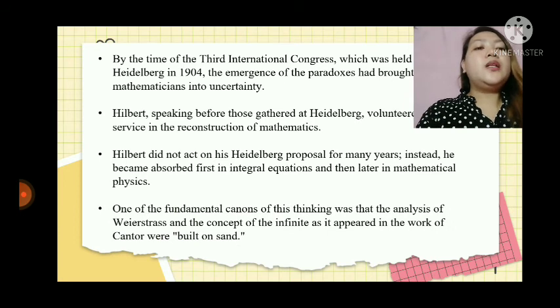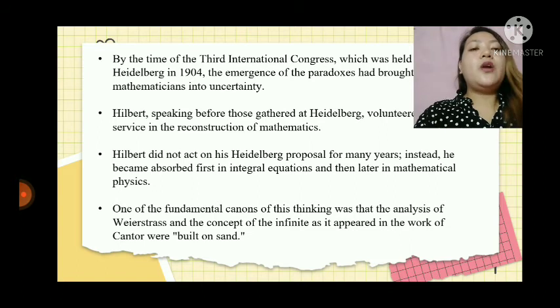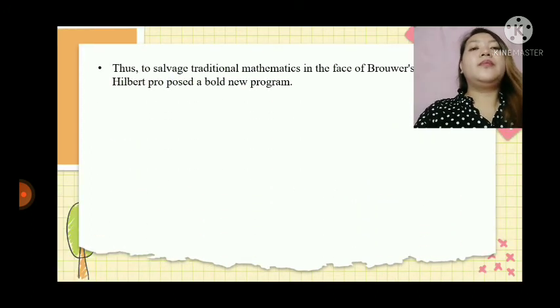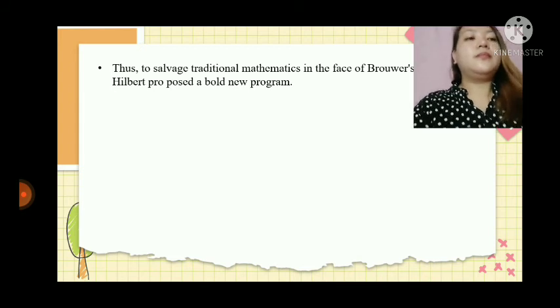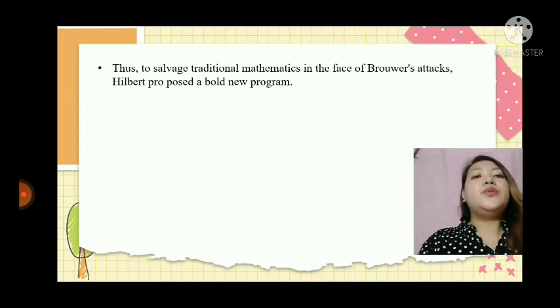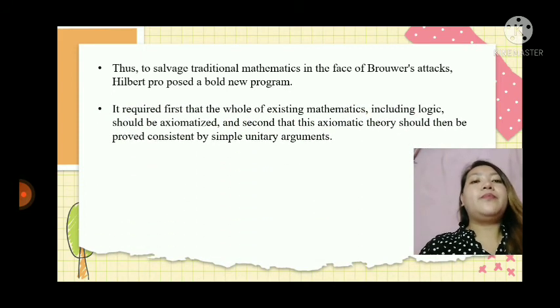One of the fundamental canons of his thinking was that the analysis of Weierstrass and the concept of infinity as it appeared in the work of Cantor were built on sand. Thus, to salvage traditional mathematics in the face of Brouwer's attacks, Hilbert proposed a bold new program.